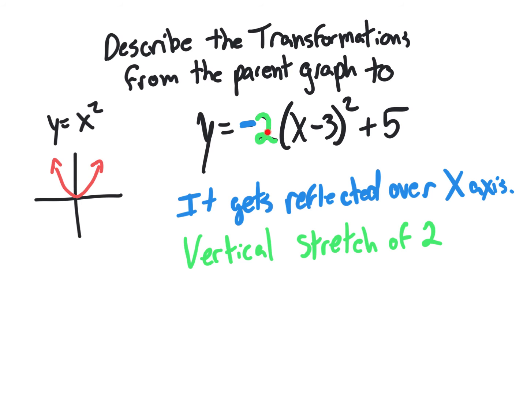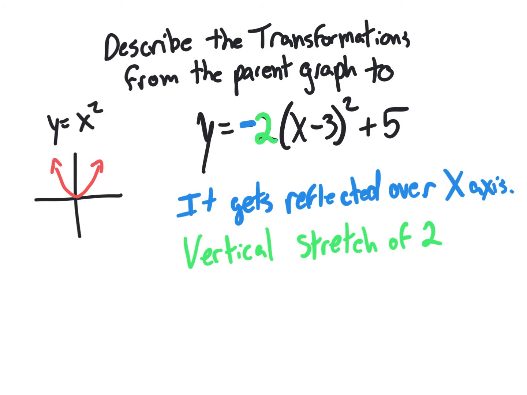If this would have been a fraction like 1/2, then you would have said vertically compressed by 1/2, okay, or a vertical compression of 1/2, right? But if it's 2, 3, 4, 5, then that's a vertical stretch. If it's like 1/2 or 1/10, a fraction less than 1, greater than 0, then that's a vertical compression.